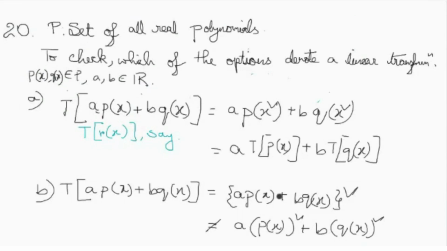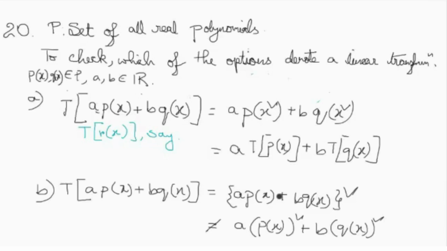And we all know that for any vectors, say x and y, to check whether a transformation is linear, we need to check whether T(ax + by) is equal to aT(x) + bT(y). We'll be using similar logic here. And if we can find some a or b belonging to the real line for which this is not true, then the transformation is not a linear transformation.